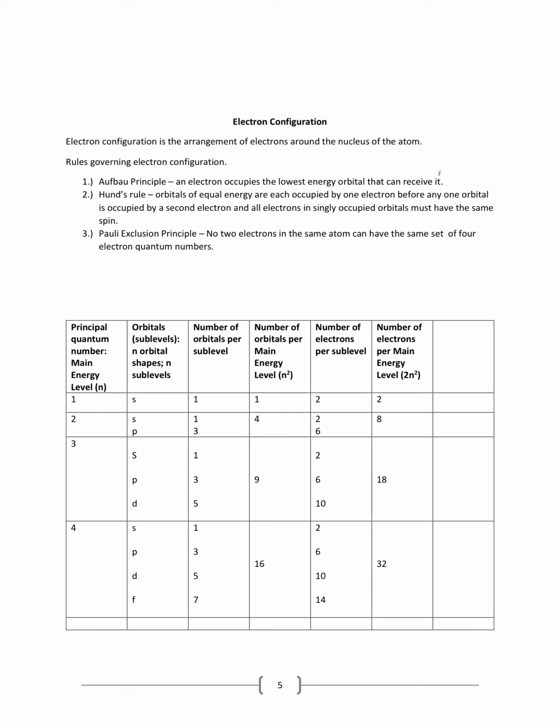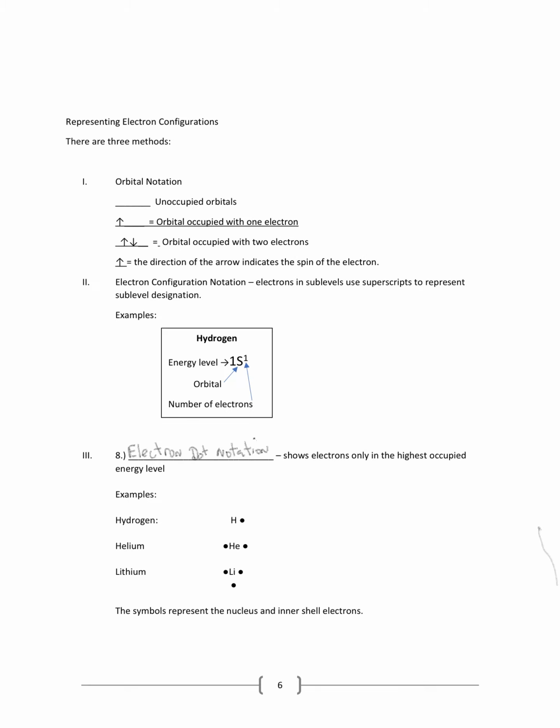Let's look at how electrons and electron configuration are represented, because there are ways that we can represent it. We can use orbital notation, we can do electron configuration notation, and we can do electron dot notation. I think it's helpful to first start with orbital notation.